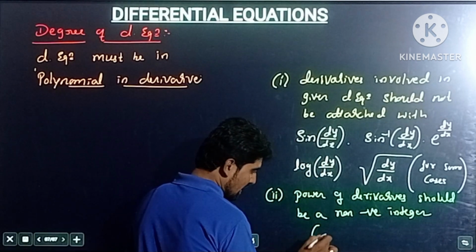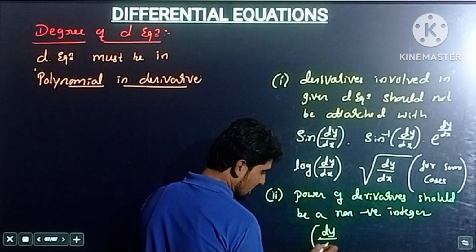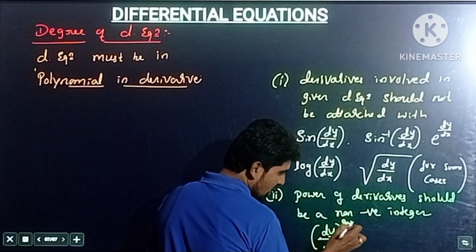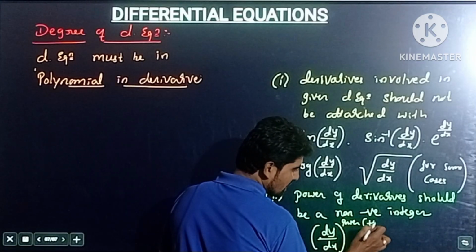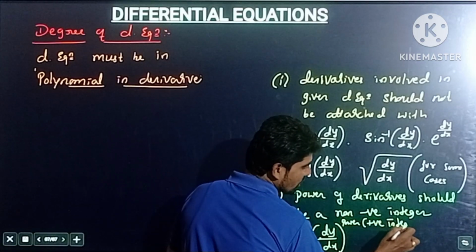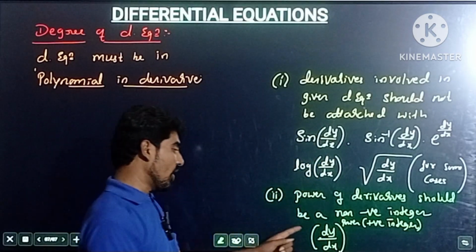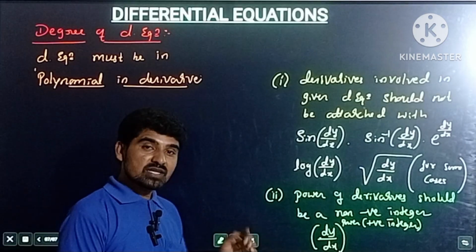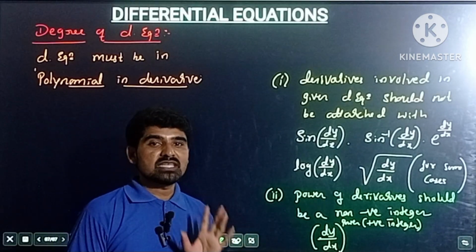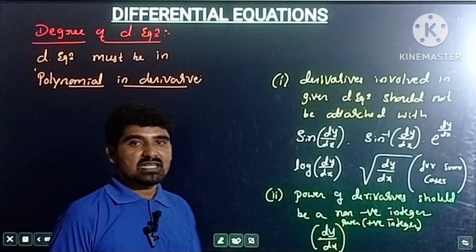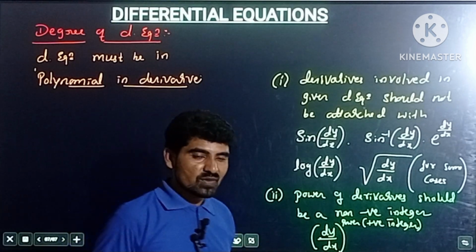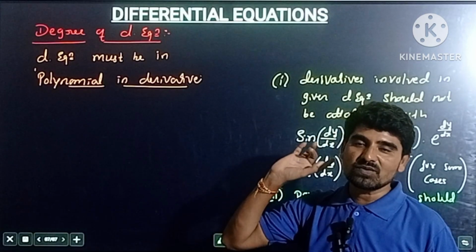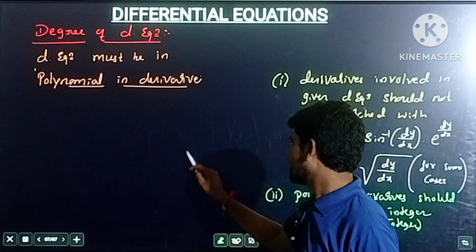For example, see here, dy by dx power, this power should be a positive integer. If the power of this derivative is a negative integer or any number in p by q form, then we say that the given differential equation is not a polynomial in derivative. And the degree of differential equations which are not polynomial in derivative is not defined.